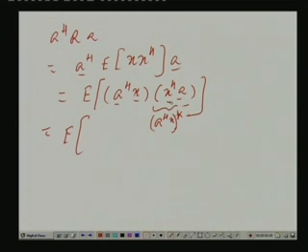So, I have got a scalar number multiplied by its conjugate. So, it is nothing but the expected value of the mod square.